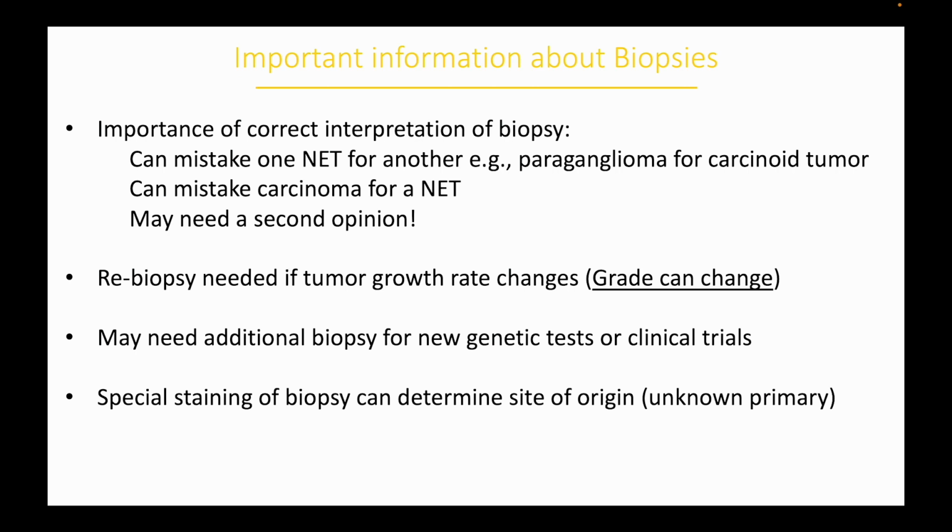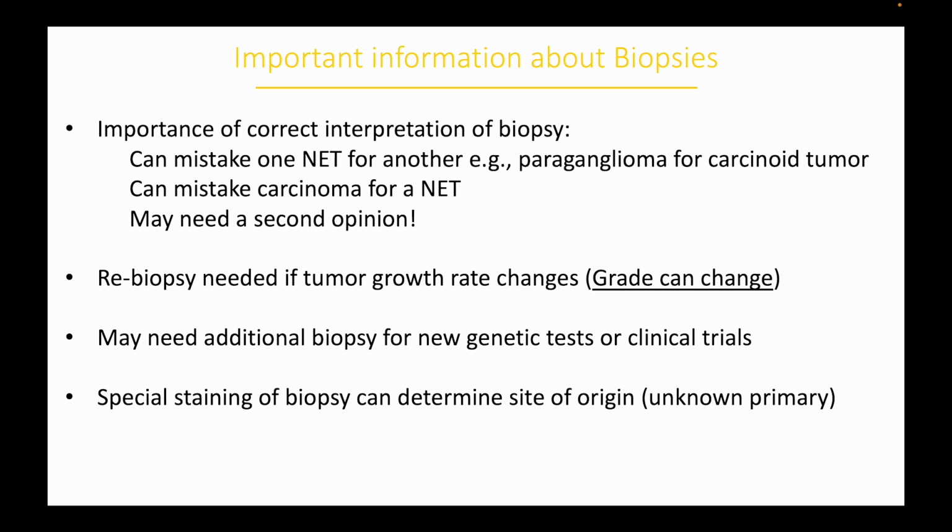Some things about a biopsy. Getting the initial biopsy right is very important. If you get off on the wrong foot by mistaking a neuroendocrine tumor for a different neuroendocrine tumor, say a paraganglioma, you go off on a wrong trail for therapy. You can mistake a carcinoma, much more aggressive, like a colon carcinoma, for a neuroendocrine tumor and get put on chemotherapy for the carcinoma, which doesn't work for a neuroendocrine tumor.